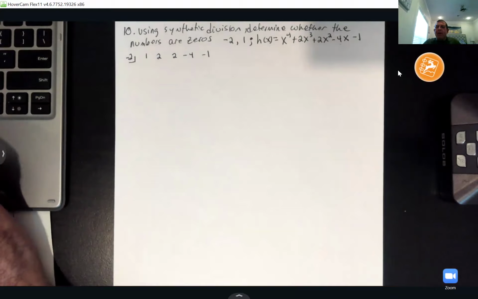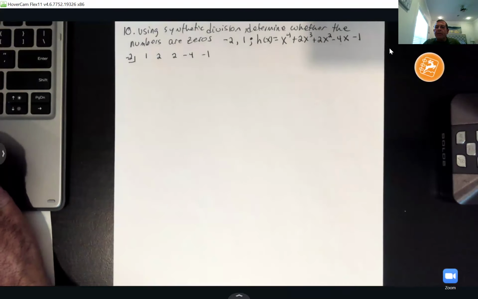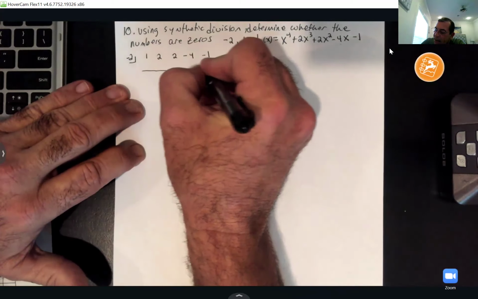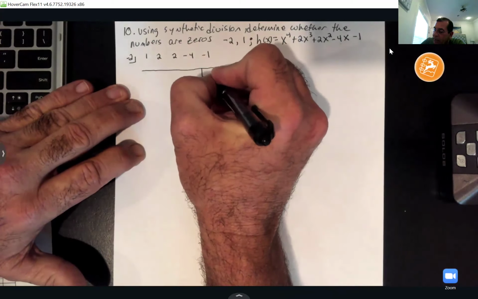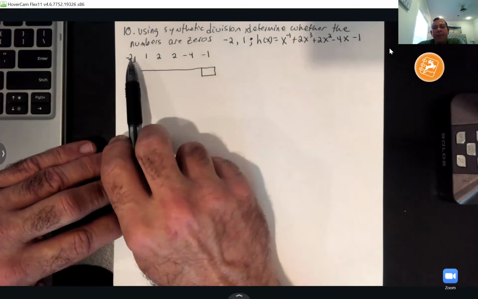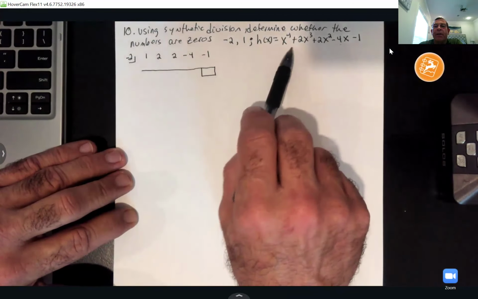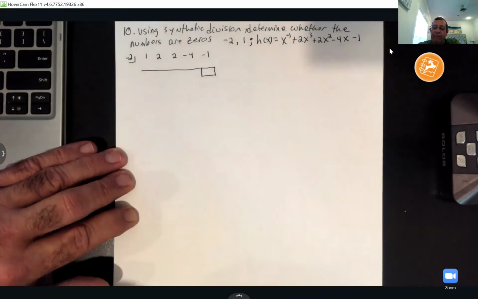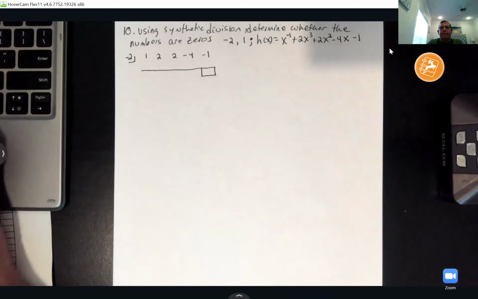All right, y'all, so I got my coefficients written out. Now, I'm going to draw my line with my box under it. So, here's my question. If -2 is a 0 of this polynomial, what does the remainder have to be? And y'all can chat that.